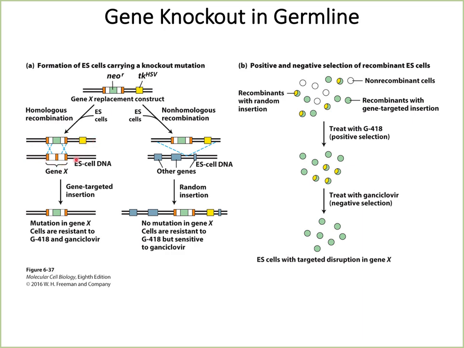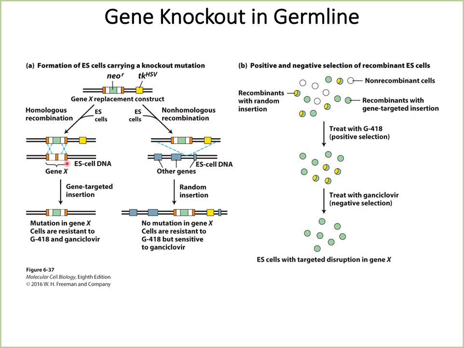So you do a homologous recombination of the gene of interest, and here your neomycin resistance gene will be inserted. On the other hand, the thymidine kinase gene is not inserted in this condition.